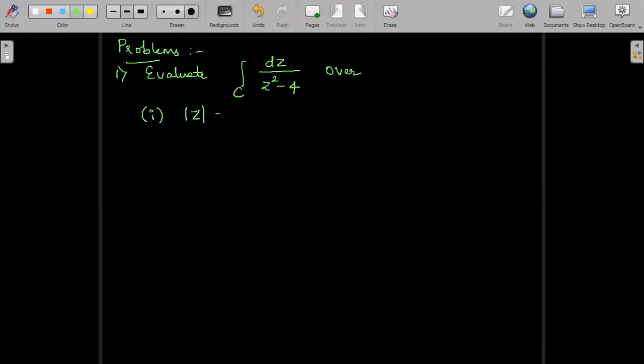Mod z is equal to 3, and the second case is modulus of (z plus 2) is equal to 1.